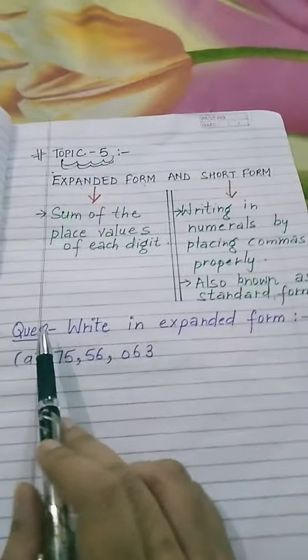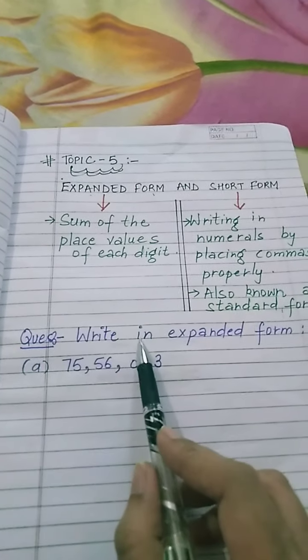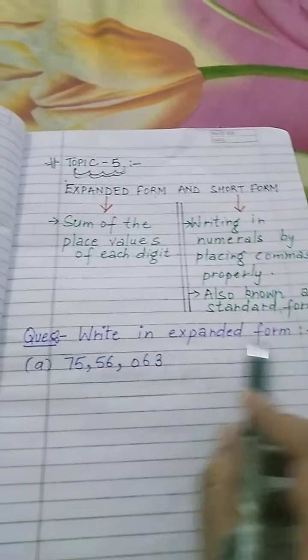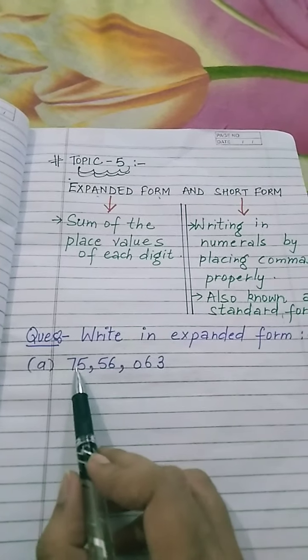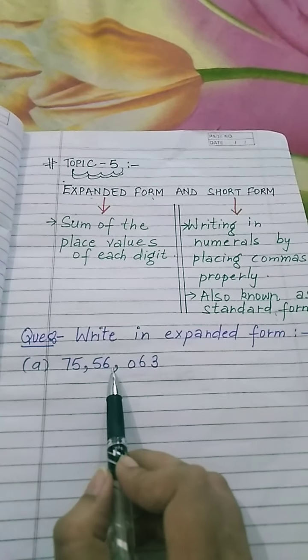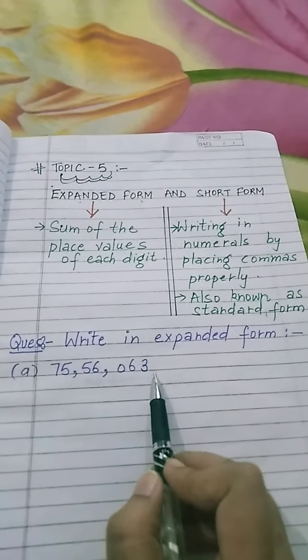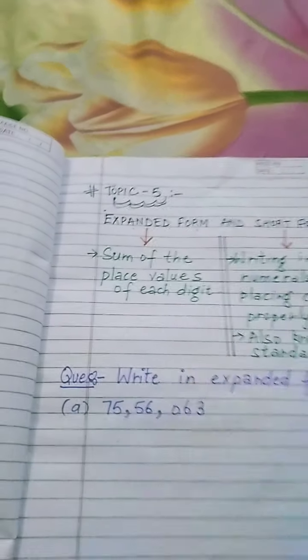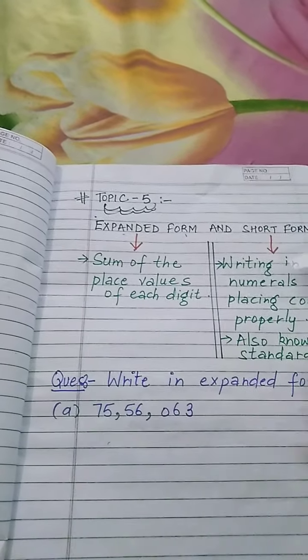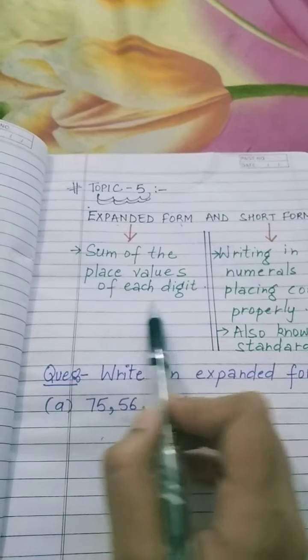Now the next question is: write in expanded form, and the number here is 75 lakh 56,063. As I have told you earlier, expanded form is the sum of the place value of each digit.